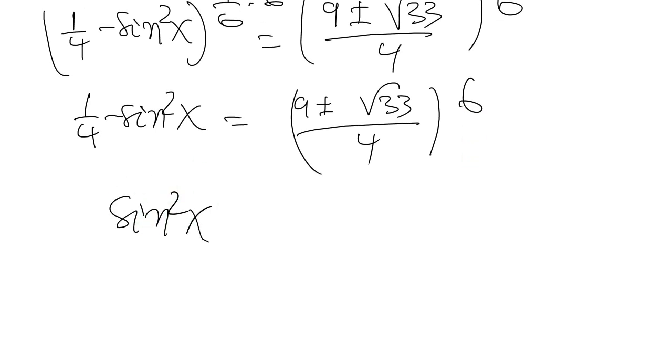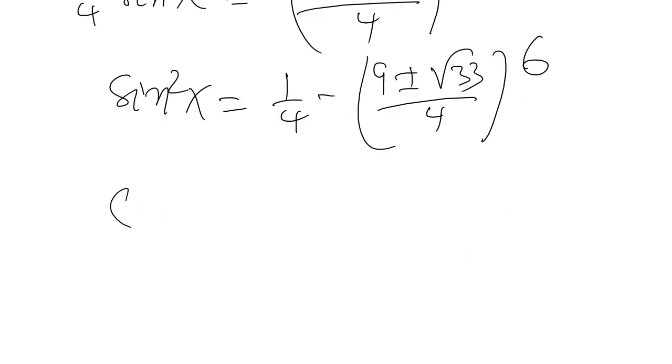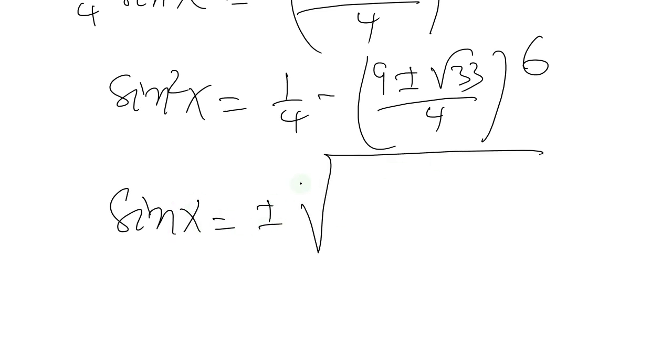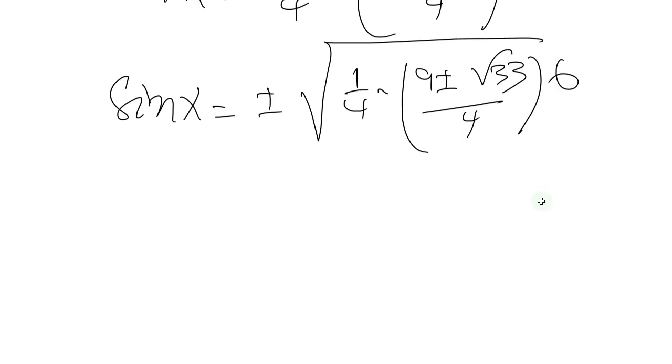And then sine square of x is equal to 1 over 4 minus (9 plus or minus square root of 33 divided by 4) to the power of 6. And then sine x is equal to plus or minus square root of that.